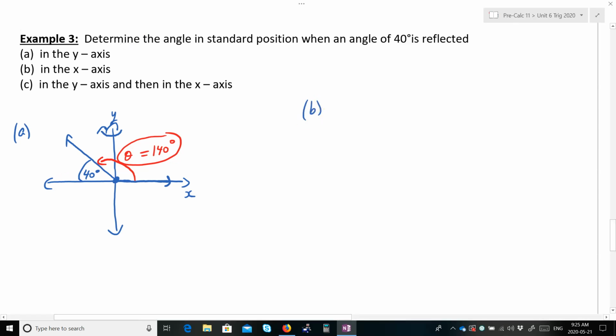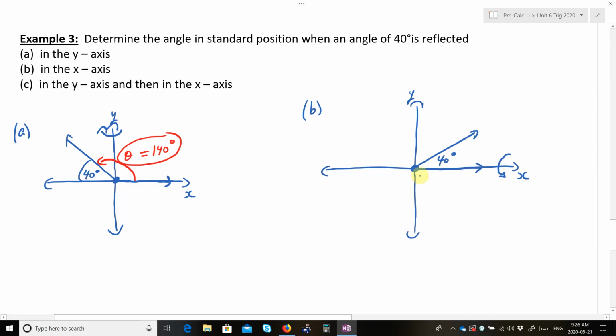All right, let's try part B. So imagine the 40-degree angle is reflected in the x-axis. Here's the y-axis, here's the x-axis. Initial arm, terminal arm. Okay, so imagine there's our 40-degree angle. If we reflect that angle about the x-axis, so reflecting it down like this, it would go this way.